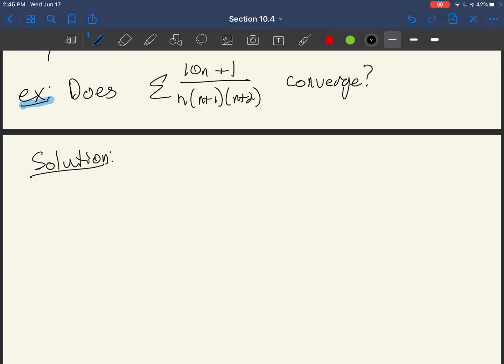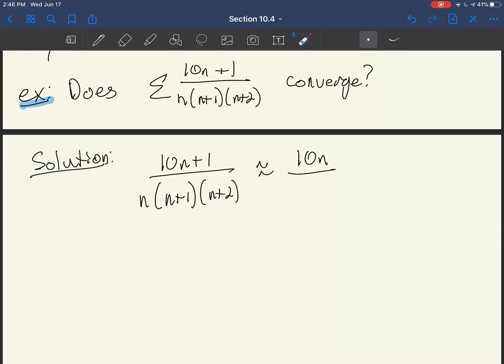All right, so we need to determine how we think this will behave. So 10n plus 1 divided by n times n plus 1 times n plus 2 is approximately, the 10n will win in the numerator. And then we have an n from here, an n from n plus 1, and an n from n plus 2.